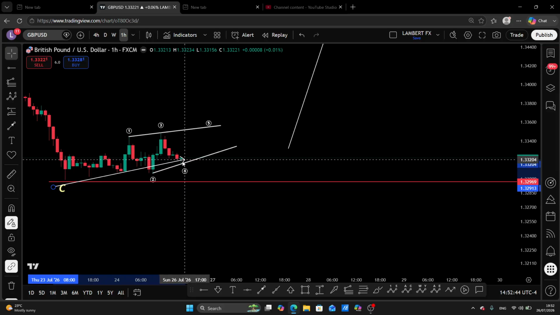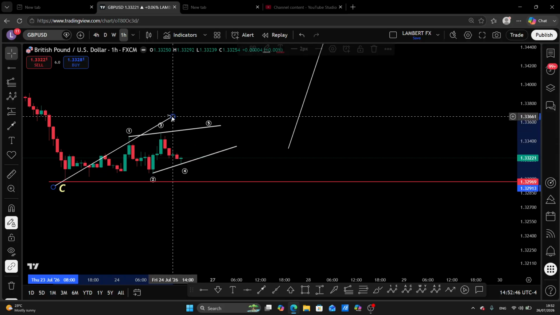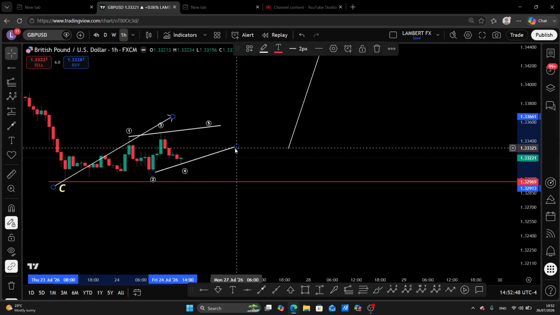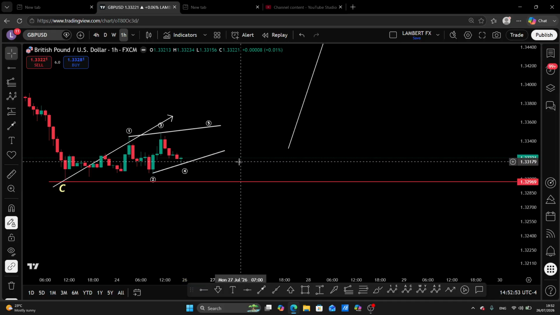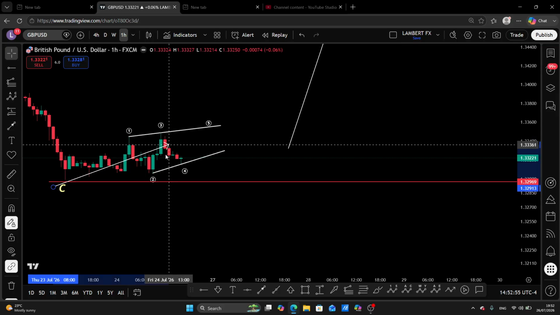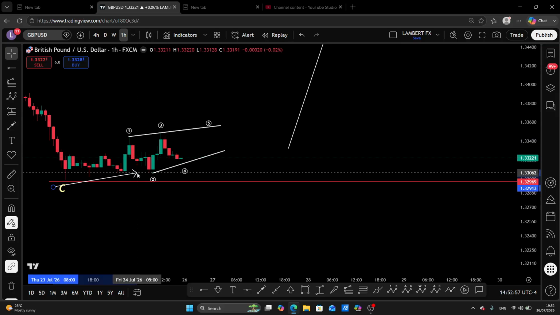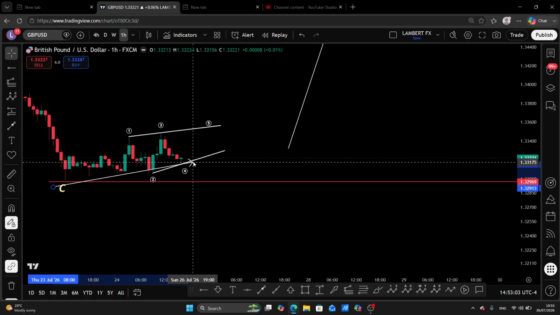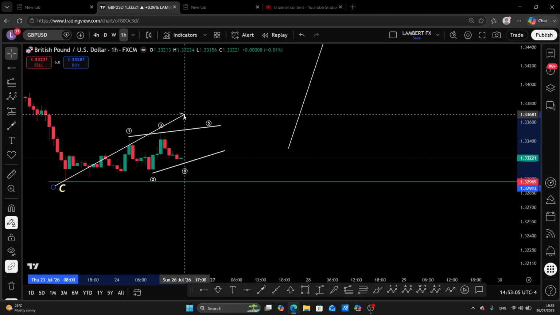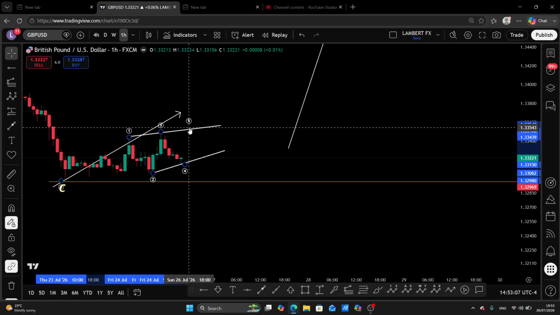But the only way we'll know if this is actually a leading diagonal is if we do not take out the low of the 2, which is this low here. We must not take out the low of the 2. So if you see a rally up, then it is going to complete the 5.